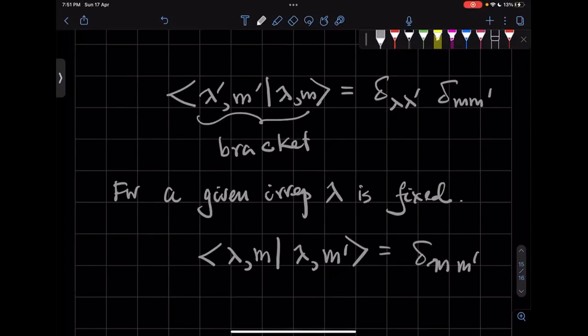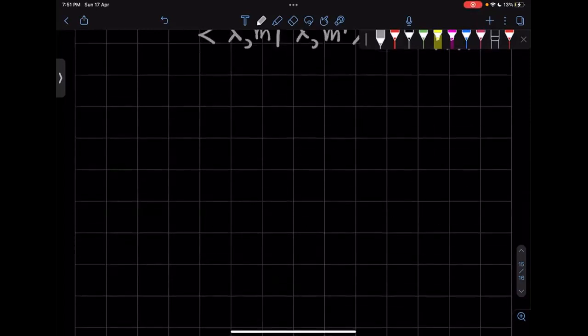Sir, I didn't understand the statement: for a given irreducible representation, lambda is fixed. Yeah, because of Schur's lemma. Schur's lemma tells us that the eigenvalue of the Casimir operator is fixed for a whole irreducible representation, right? Here, let me explain.